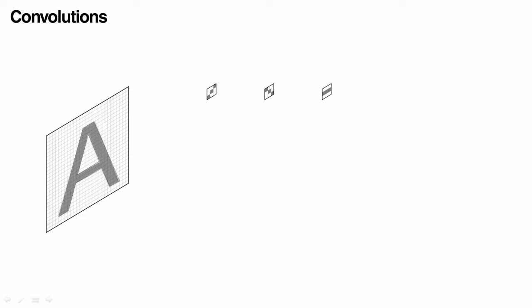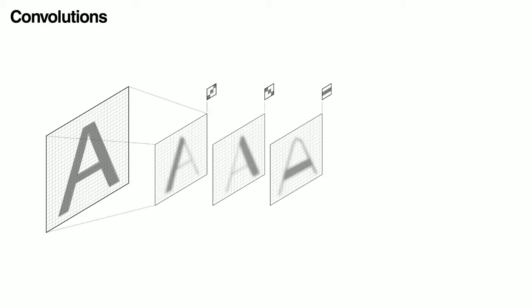Let's take the letter A, and let's assume that the network has learned 3 different convolutional filters: diagonal going up, diagonal going down, and a straight line. We can then imagine that the feature maps will look something like that, where the respective features are accentuated.